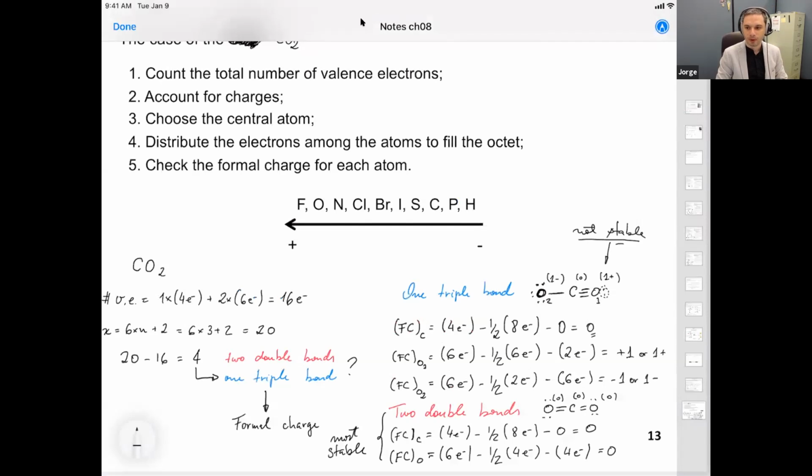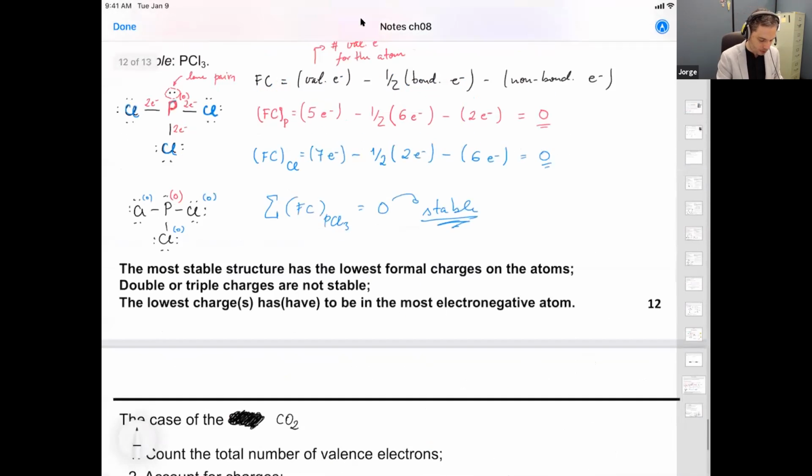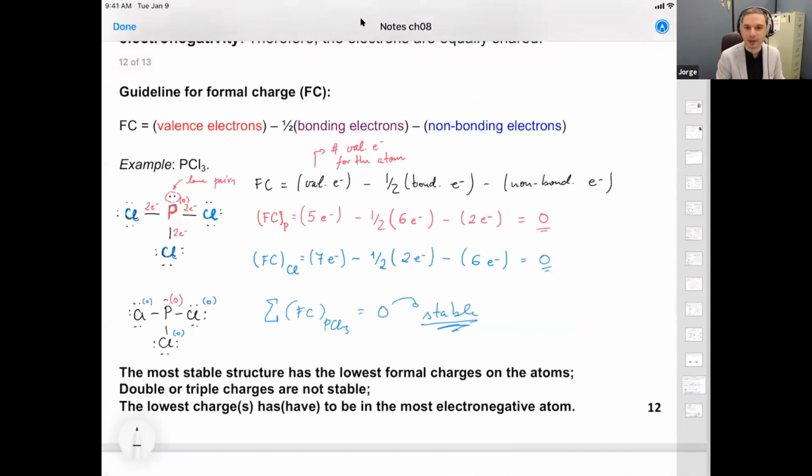Okay, so calculating the formal charge will give you a guide to determine if the structure that you got is stable or not. Follow those three rules here, and that will cover all the compounds that we are going to analyze.